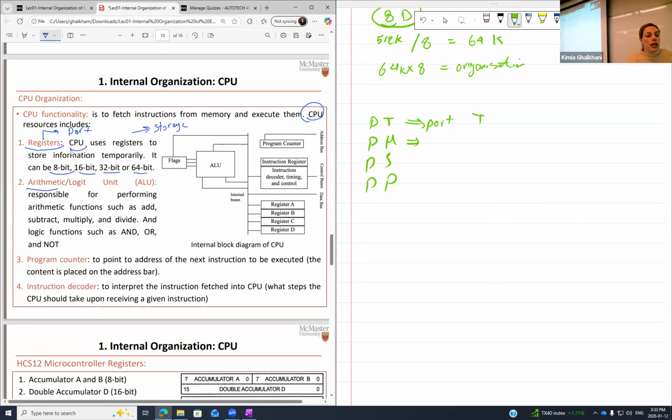Another part in here is in charge of what we call the arithmetic logic unit, in short, ALU. This is where all the mathematical calculation and processing, even the logic that I introduced last week, AND, OR, NOT, NOR, all of that is going to be done under this section of the CPU, which is right in here.